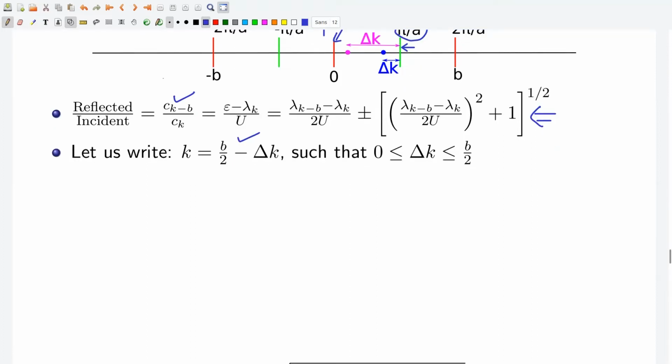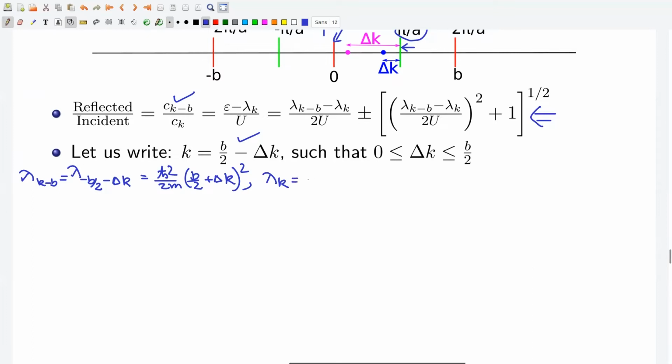If we write lambda_(k-b) in terms of delta k, then we get lambda_(k-b) is equal to lambda of (-b by 2 minus delta k), which is equal to h cross square by 2m times (b by 2 plus delta k) whole square. Similarly, we write lambda_k in terms of delta k.